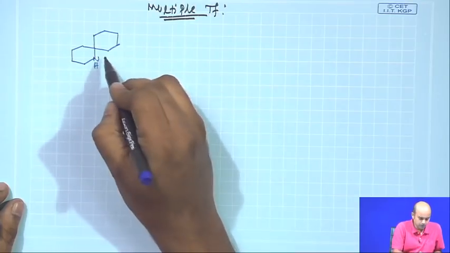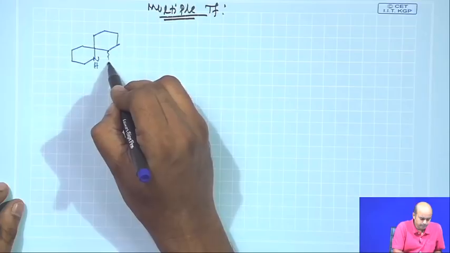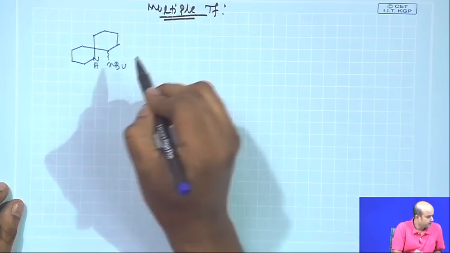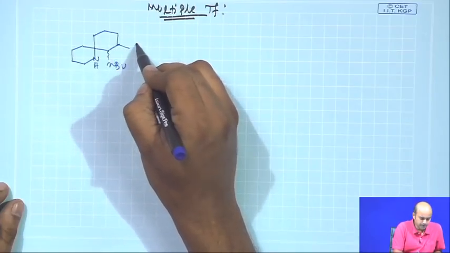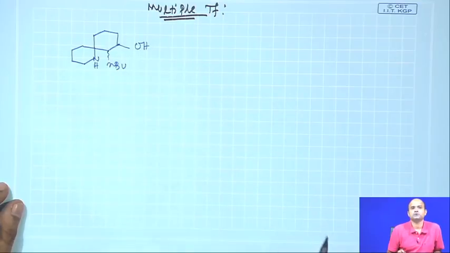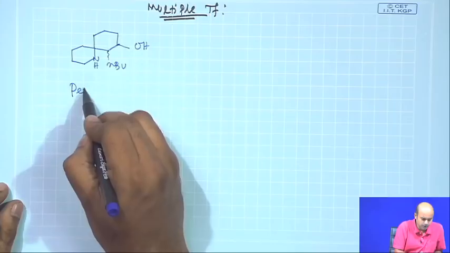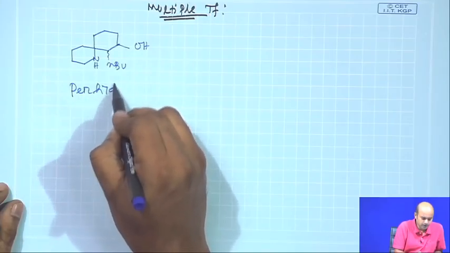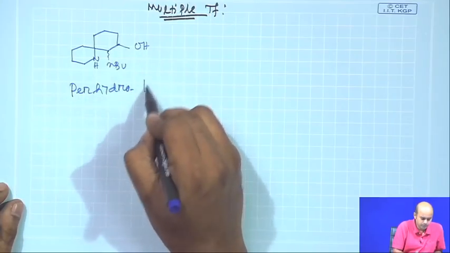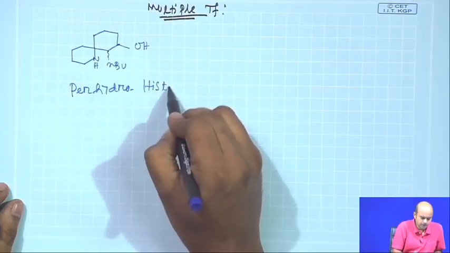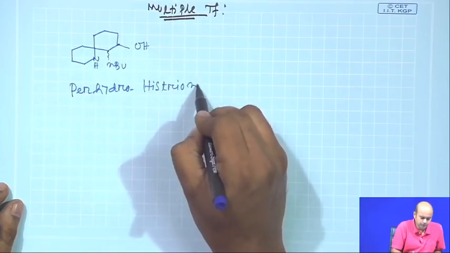The target molecule is a natural product. For the sake of simplicity, I have not given you the stereochemistry, because we have not discussed it. This molecule is a natural product and its name is perhydrohistrionicotoxin.